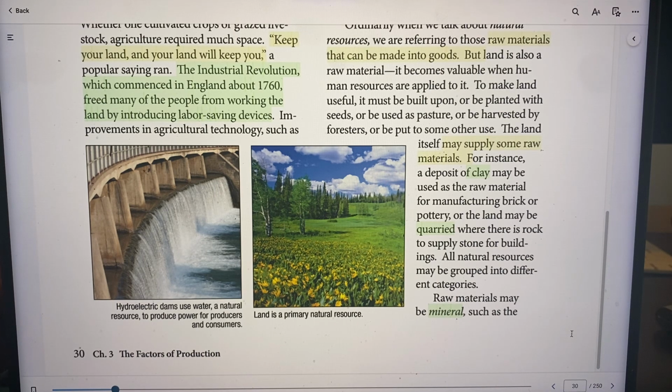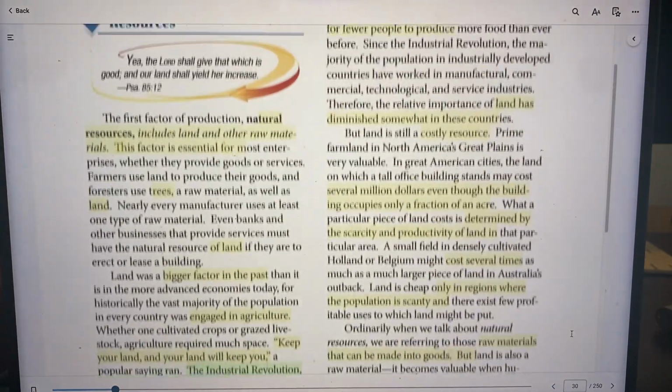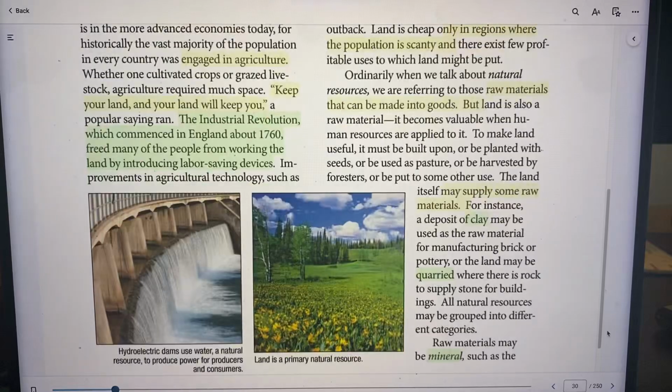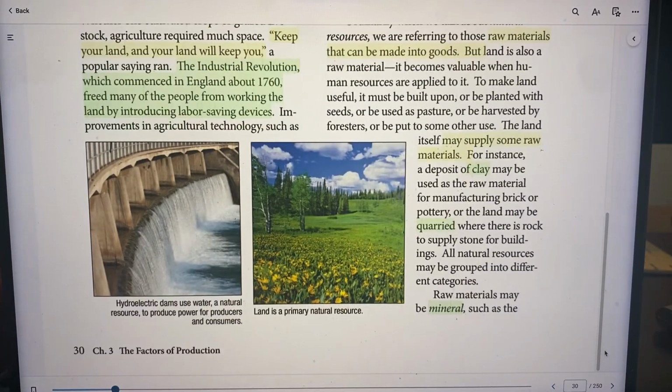Those are natural resources too. And of course, water with the hydroelectricity. Also animals and plants are natural resources. So it's really important, factor number one, that in order to prosper the economy, you need to factor in your natural resources. What type of natural resources can you rely on? So number one, natural resources.